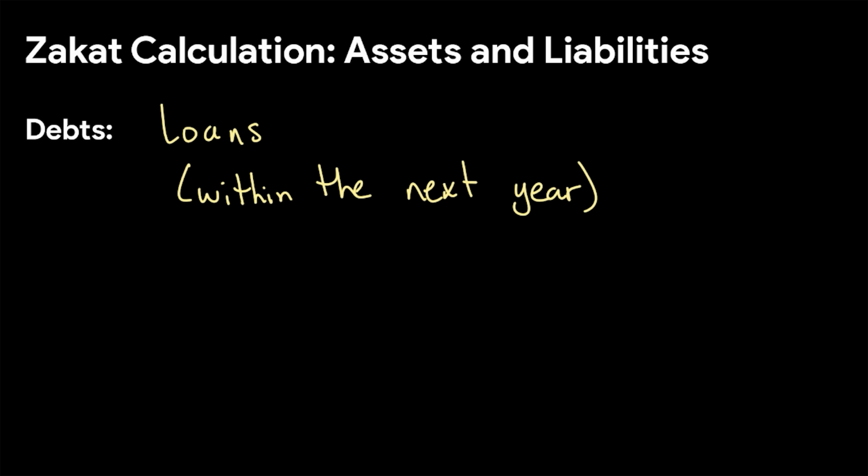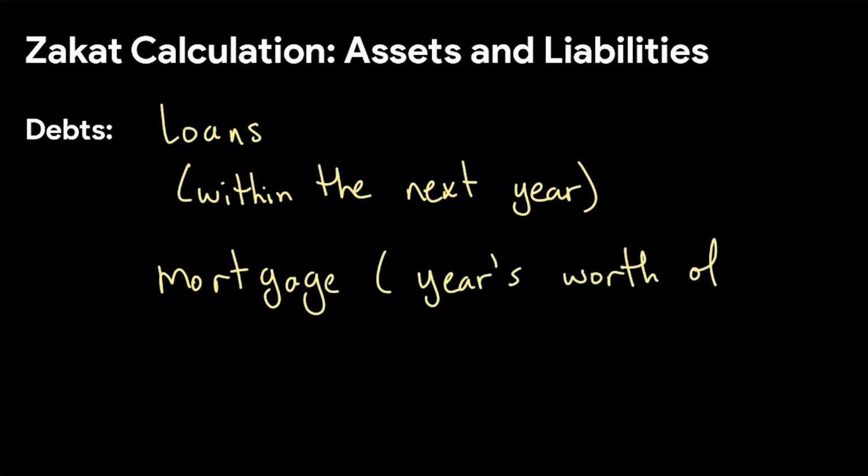However, long-term debt such as mortgages are generally not deducted in full. So if you have a mortgage, for example, you would deduct the year's worth of mortgage, but not the entire mortgage.